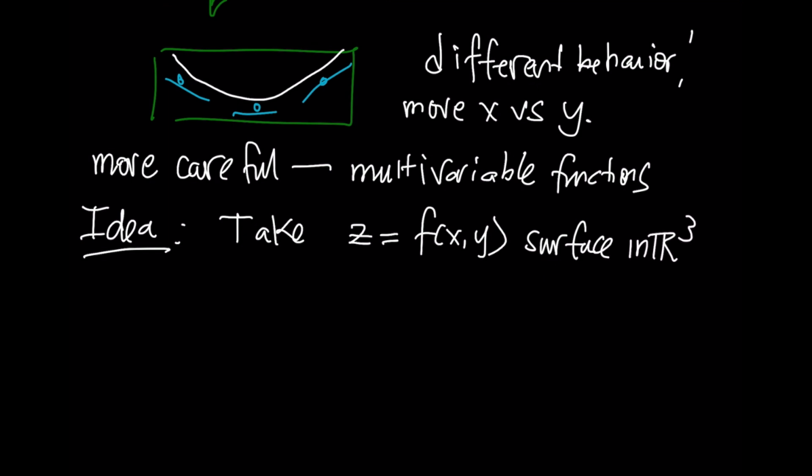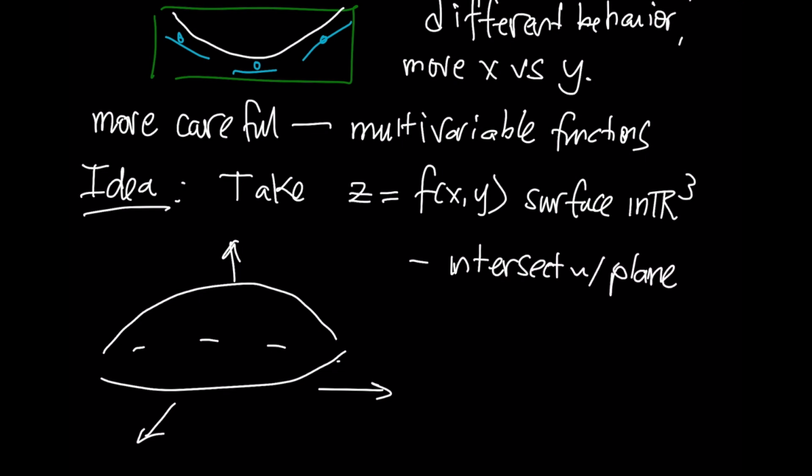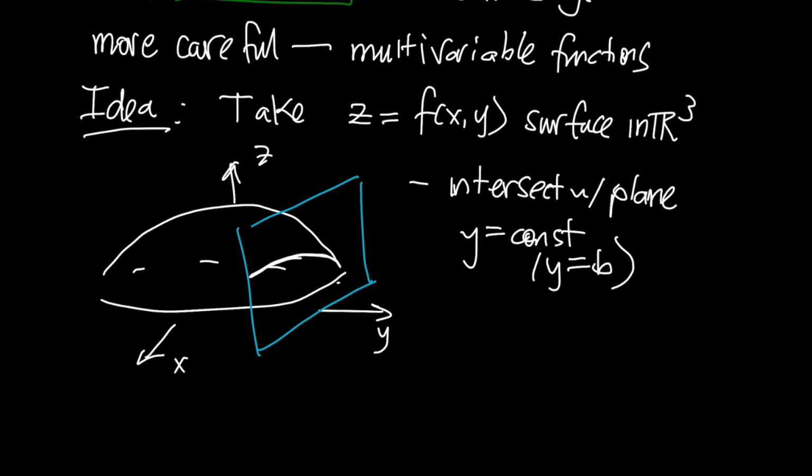If you've got this surface, what we're going to do is intersect this with the plane y equals a constant. And let's say that y is equal to b just to be definite. So if there's our x, y, and z, if we take this plane y equals b, it'll look something like this. We are now going to get a curve of intersection.